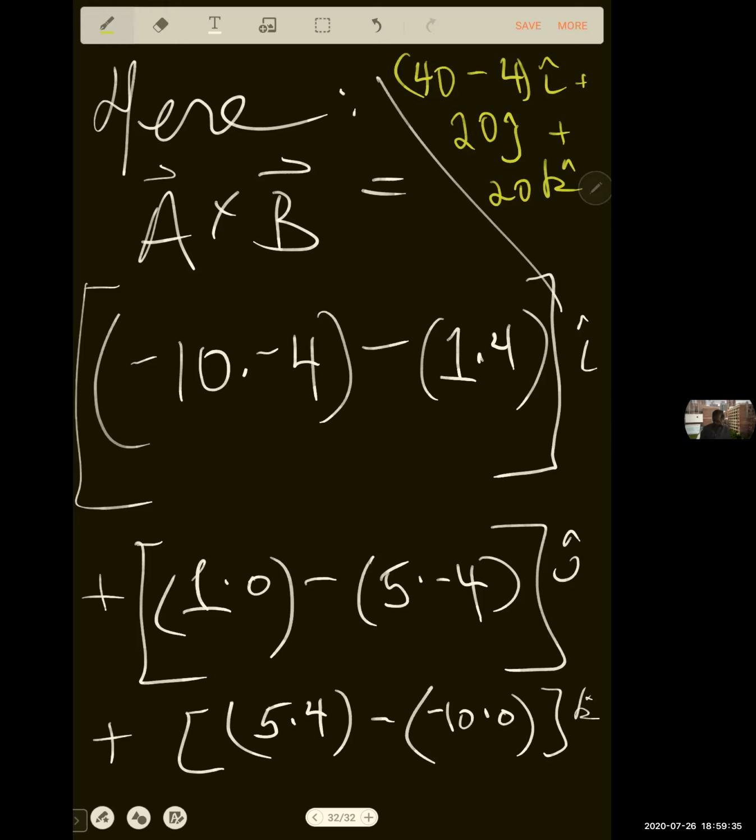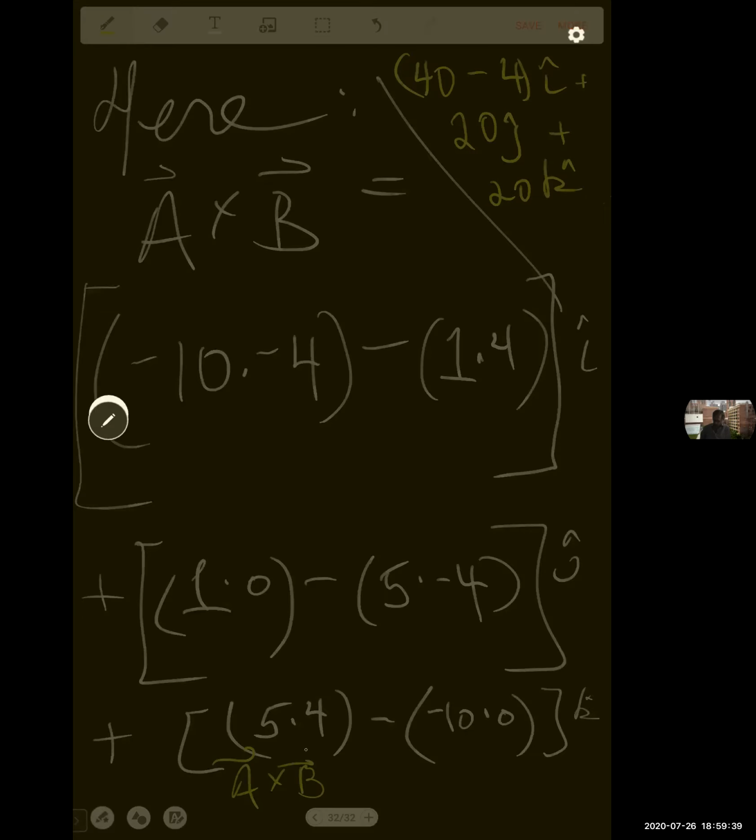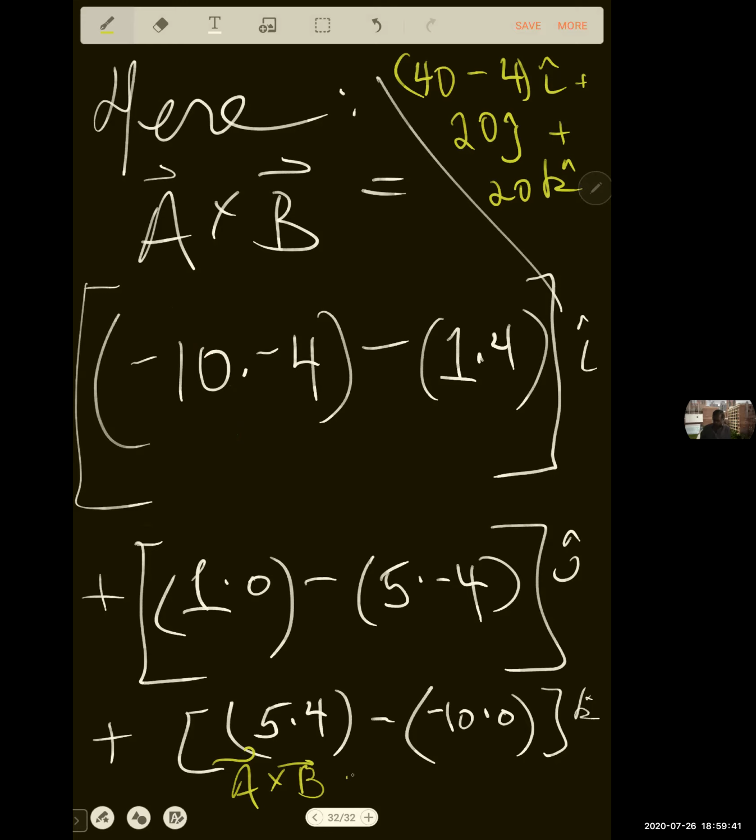I believe the answer is A cross B equals 40 minus 4. Can that really be right? 40 minus 4. I feel like it should be 40 plus 4. Let me just look one more time. That's supposed to be AYBZ.